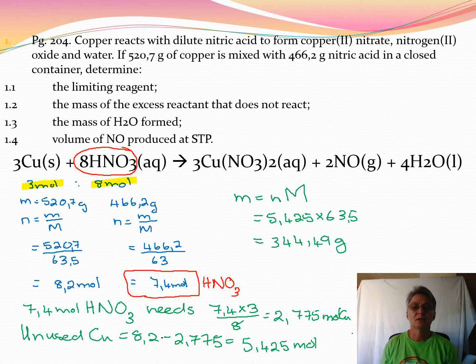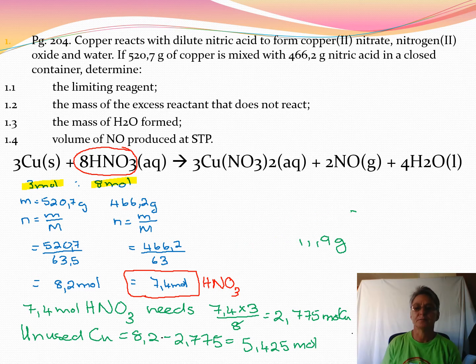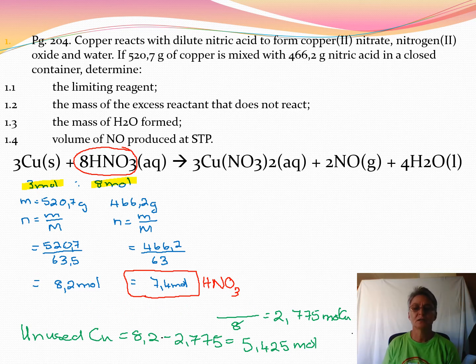Next is the mass of water formed. For the sake of space, this must disappear. So it's the nitric acid's 7.4 moles or the copper's 2.775 moles that will participate in the reaction.